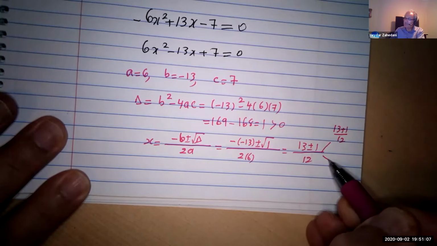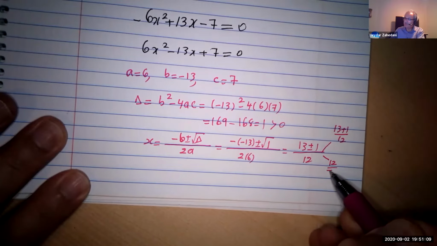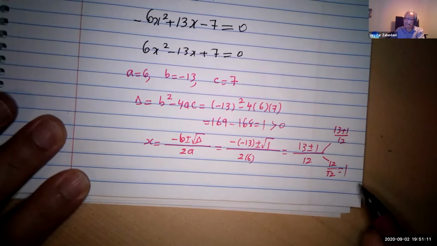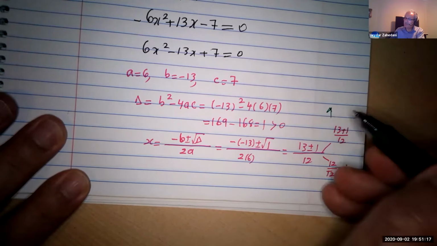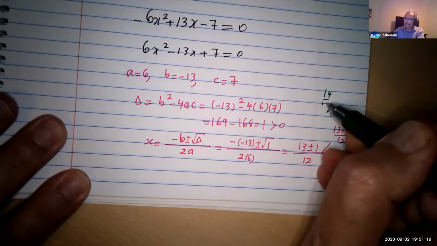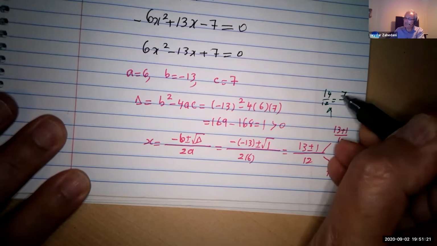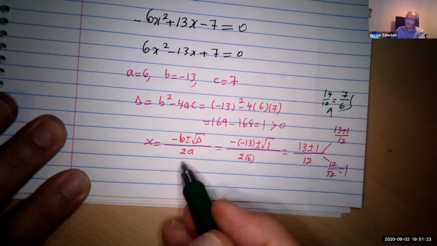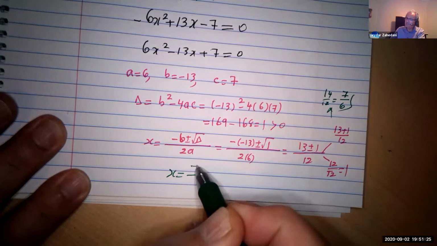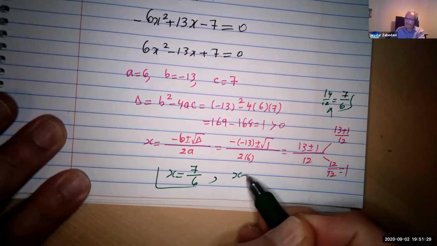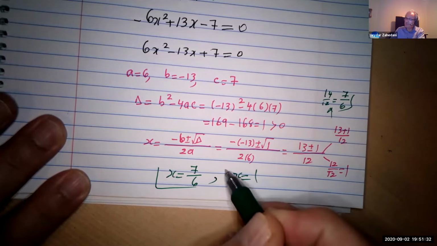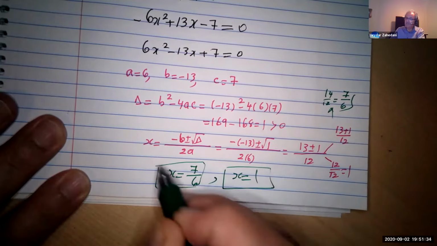And the bottom one gives you 12 over 12, which is equal to 1. 13 plus 1 would be 14, okay, 14 over 12, which is going to be 7/6, as we talked about. So x equal to 7/6 is one solution. Okay, x equal to 1 is going to be the second solution.